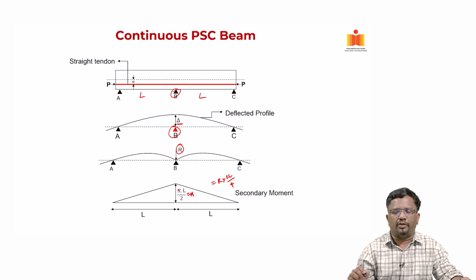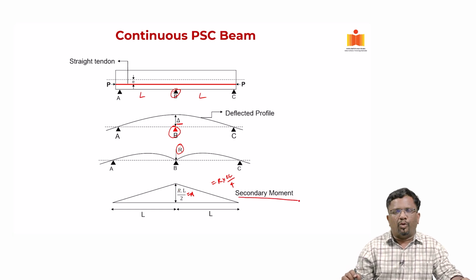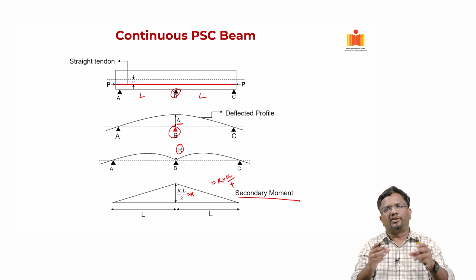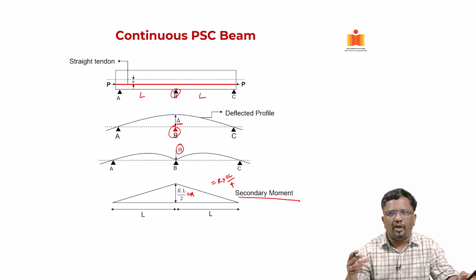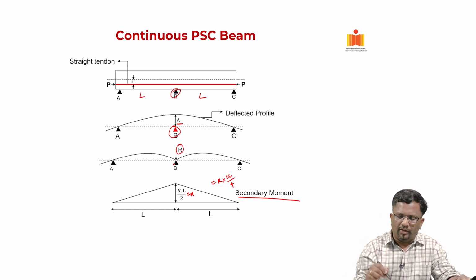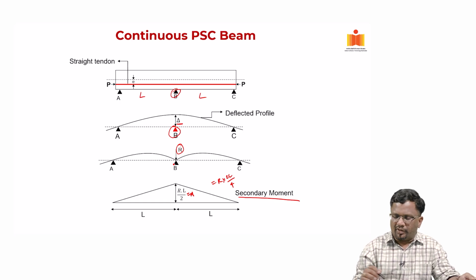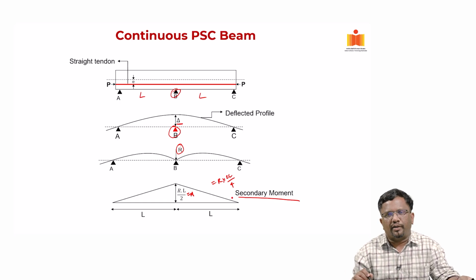That is what we have here. So, this is a secondary moment. This is a moment that is developed by virtue of the system being continuous, and a reaction will be developed when you do the pre-stress to keep the beam at the support level and prevent that uplift. So, that is why the secondary moment profile typically will be a linear profile.